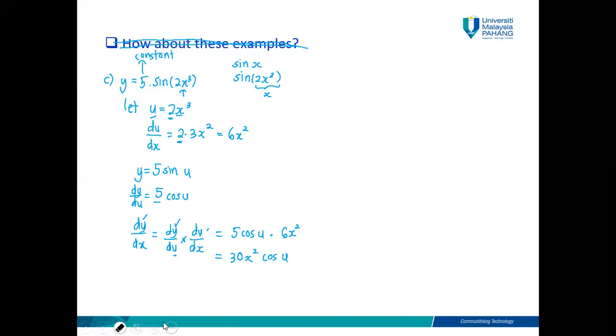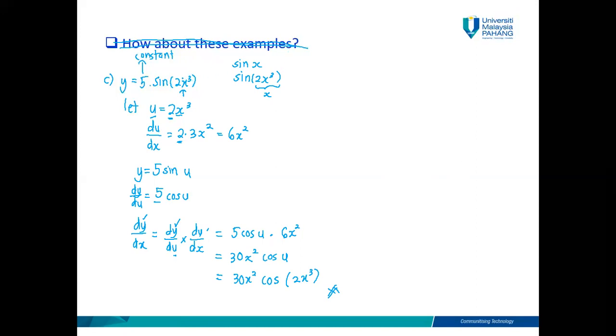Okay? Alright, so we continue. Okay? So kita nak buat apa ni? 30x square, kita resubstitute what is u. U is 2x cube. So that is the answer. You ingat kalau kat sini sin 2x cube, jawapan akhir dia mesti 2x cube lah. Dia tak akan berubah.